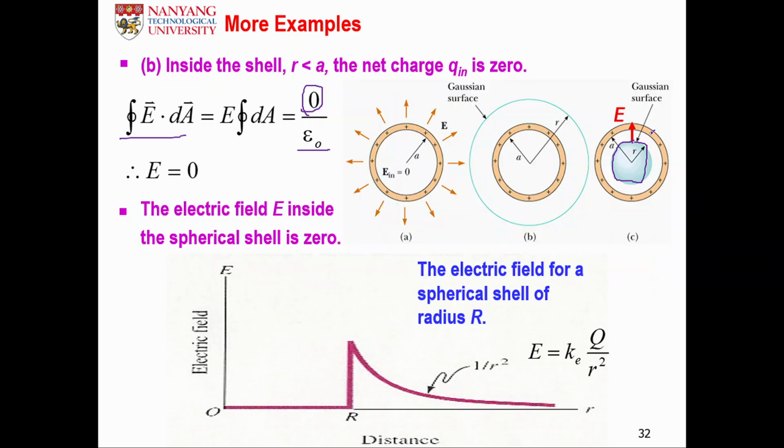Because you can see the charge is on this spherical shell, and this is your Gaussian surface. So the charge inside the Gaussian surface is just 0. And immediately you can tell, of course, E must be 0. So this is another example of how we can apply Gauss's law to determine the electrical field E.